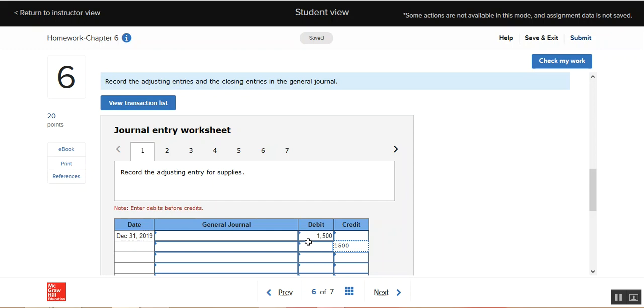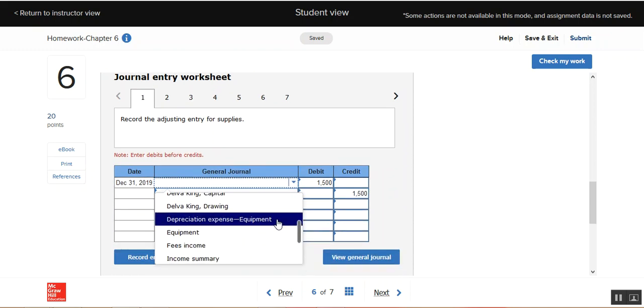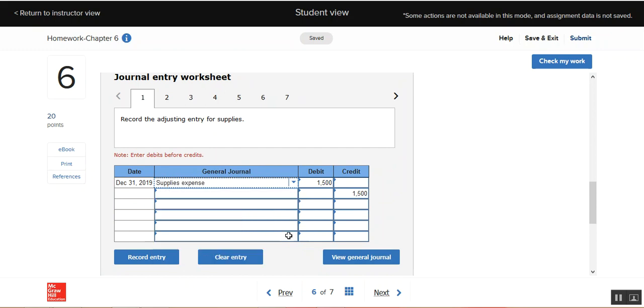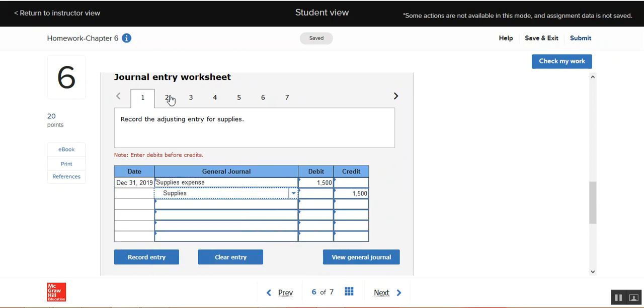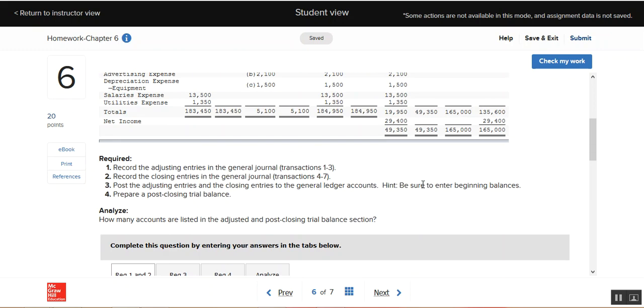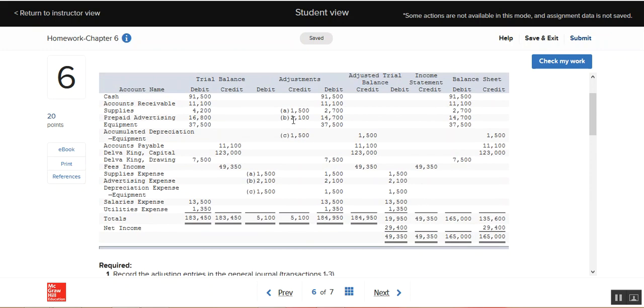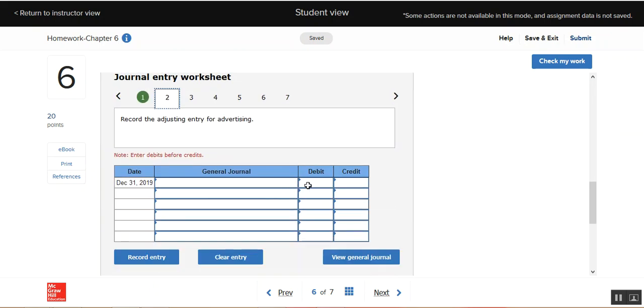So you're just going to record them exactly how they were up there. The debit was to supplies expense. The credit was to supplies. And that one's done. Advertising was probably B. Yep. For $2,100, we're going to decrease prepaid advertising and increase advertising expense.